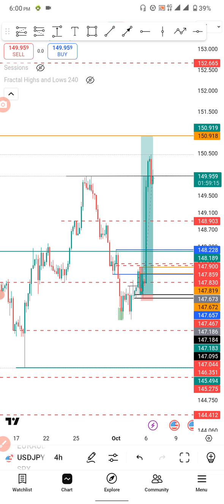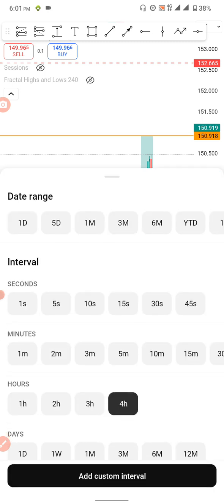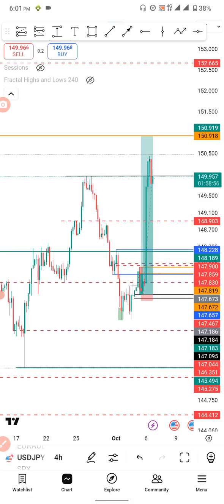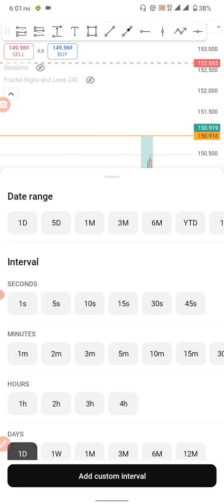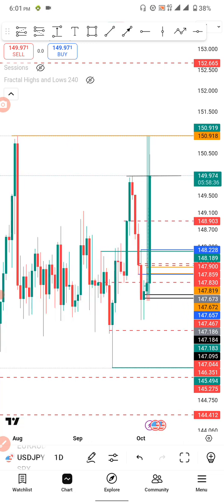Then H4 taps there, then H1 has to shift with either inside or outside formation or no formation. Then after that shift, you take the entry on M15 liquidity, you buy to the upside until that yellow line, which is 150.918. So I expect USDJPY to tap that level of 150.918.